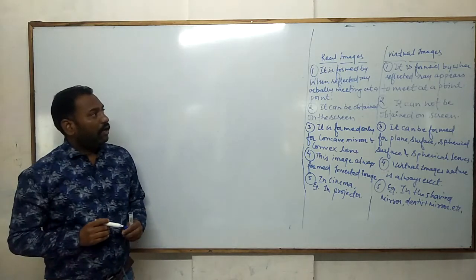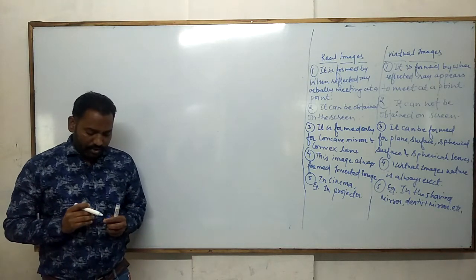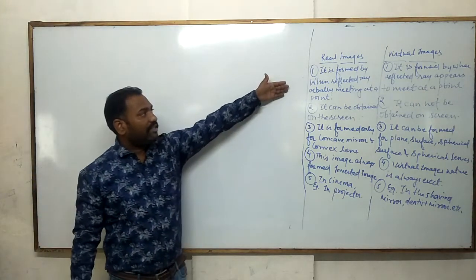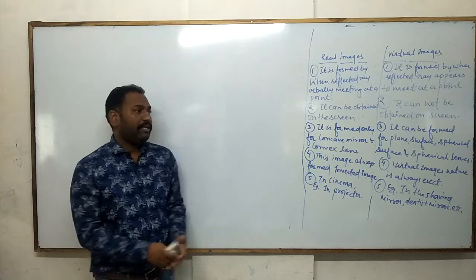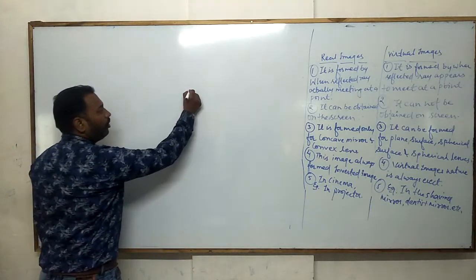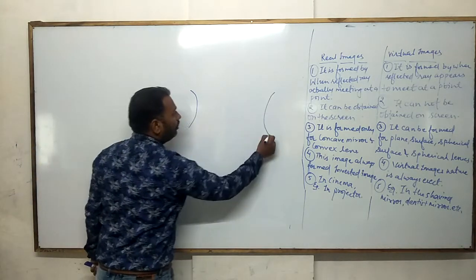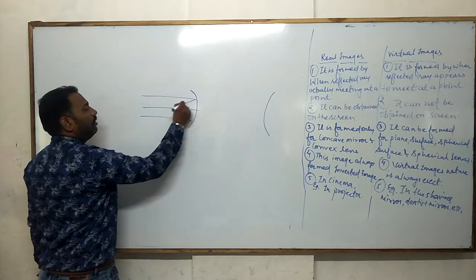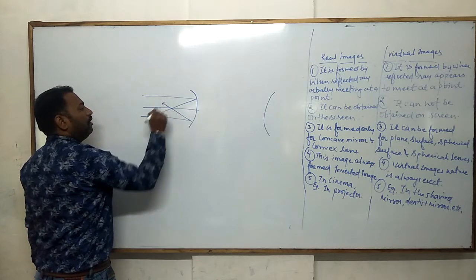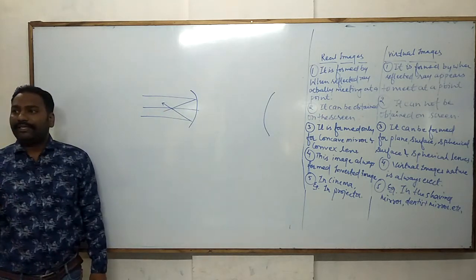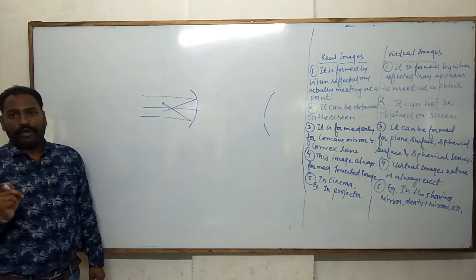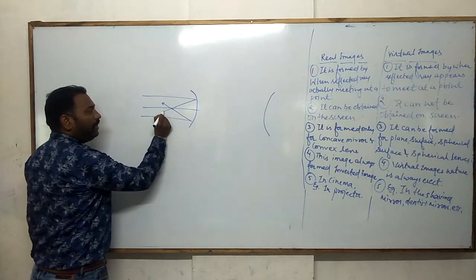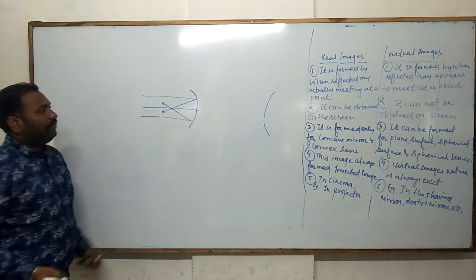What I am telling you, you have to understand and focus on. A real image is formed when reflected rays actually meet at a point. When you see that in the concave mirror, look, rays actually intersect each other at one point in front of the mirror.